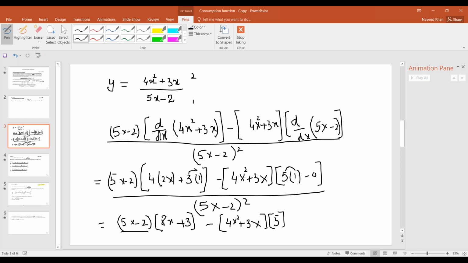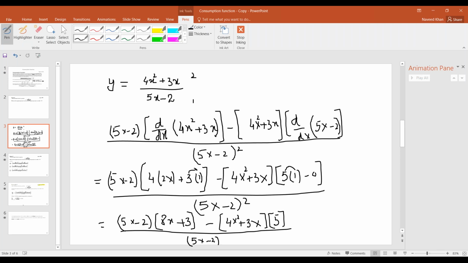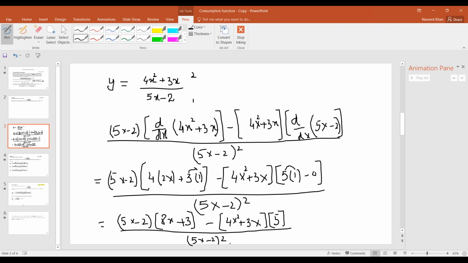Okay, and then divided by the denominator 5x minus 2 whole square.